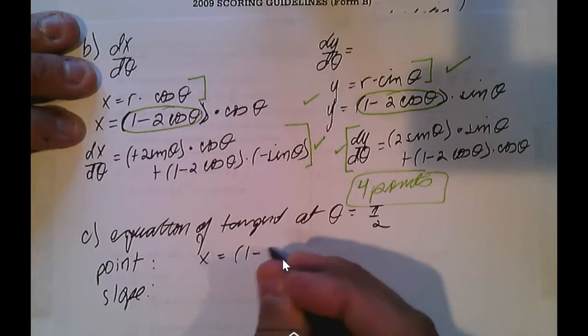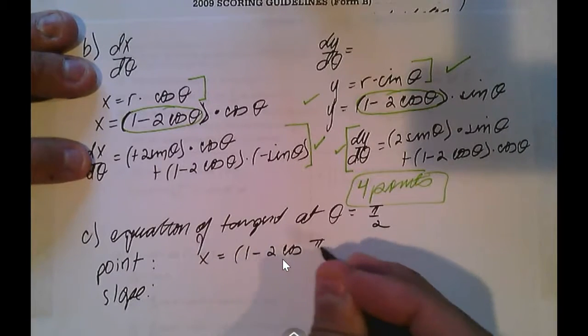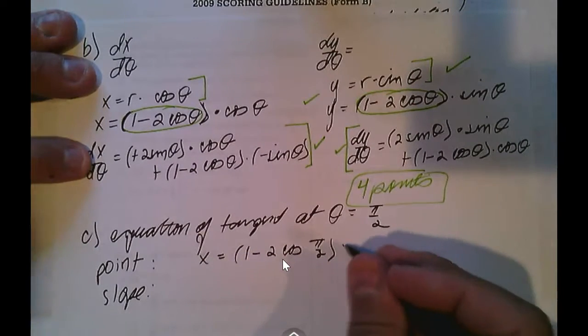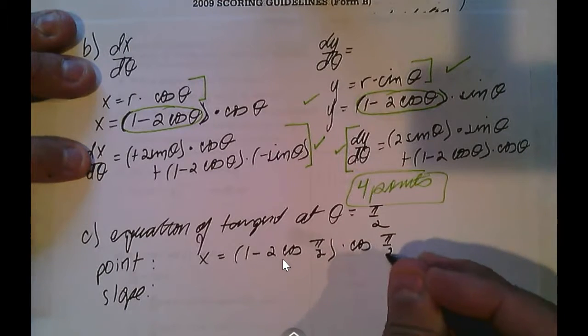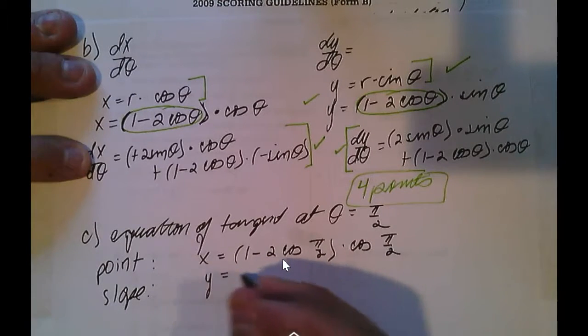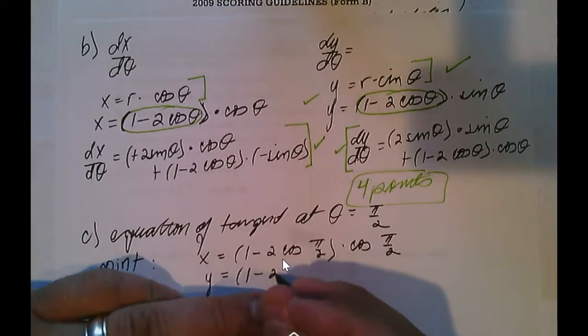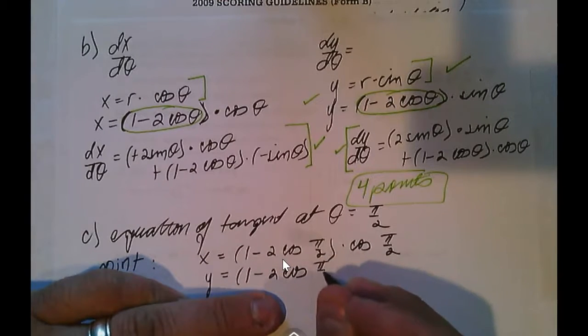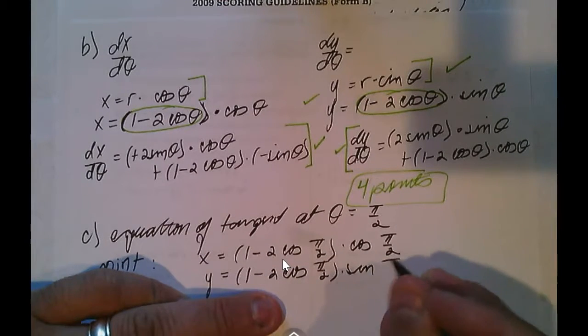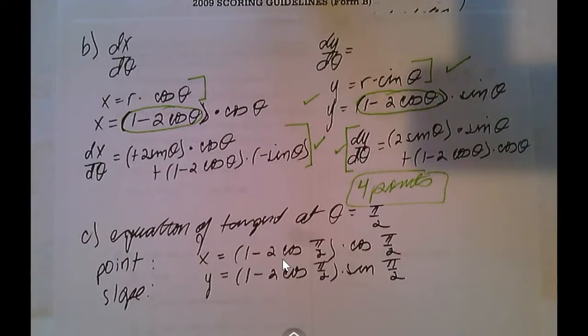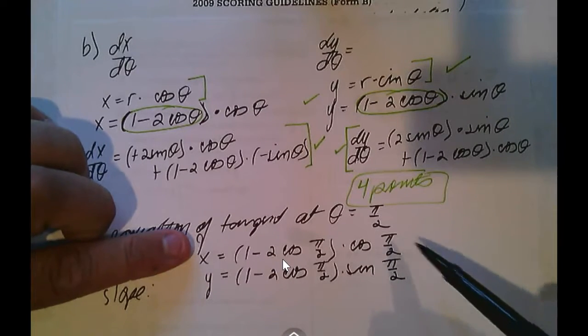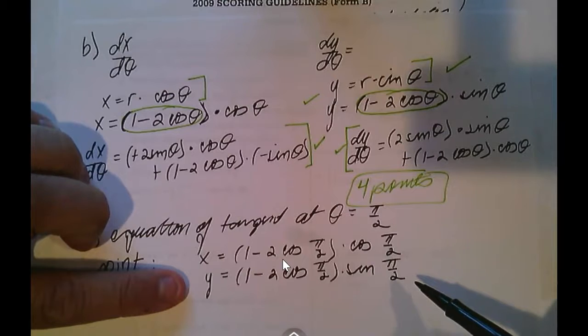So your x value is 1 minus 2 cosine of π/2 times cosine π/2. Y is 1 minus 2 cosine of π/2 times sine of π/2. That's your x coordinate. That's the y coordinate.